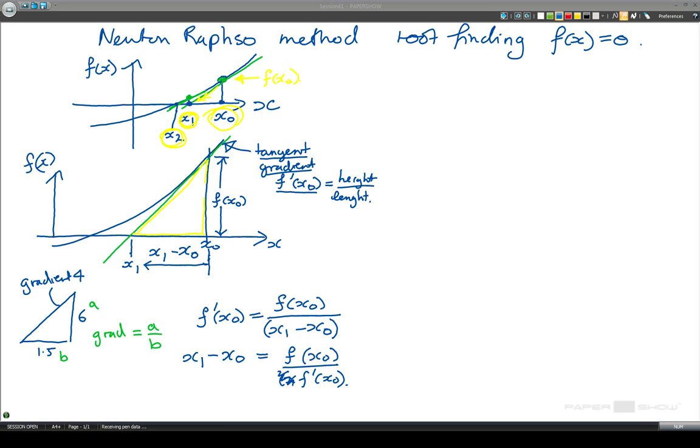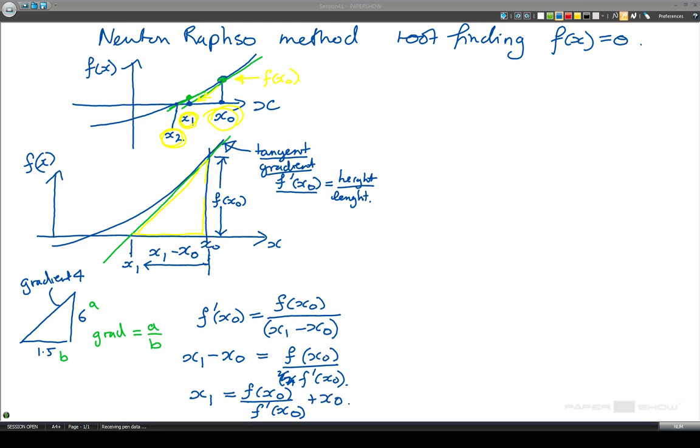Now I'm going to regret that decision I made earlier. Well, am I? Let's see. x1 is equal to f of x0 over f prime of x0, like that, plus x0.